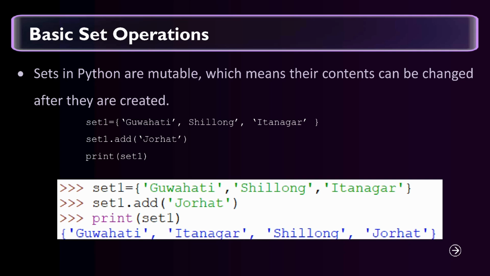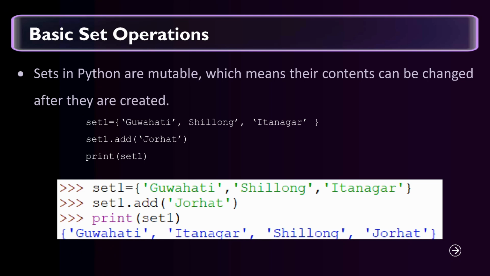Now, if we want to add another city to this set, say Jorhat, we can use the add method like this: set1 dot add within parentheses the name of the city Jorhat. When we print set1, the updated set will include Jorhat along with the other cities.